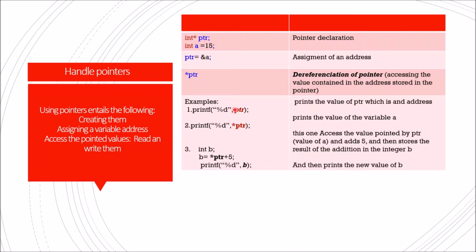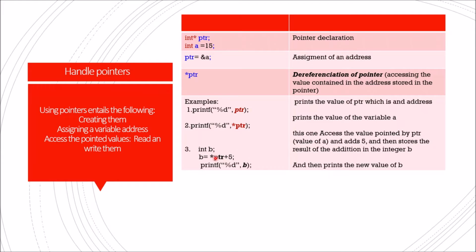So if you want the address that ptr is pointing to, you use just ptr. If you want the value, you will use the dereferencing operator. Say for instance here, we created an integer b and we assigned the value of, in this case, asterisk ptr.